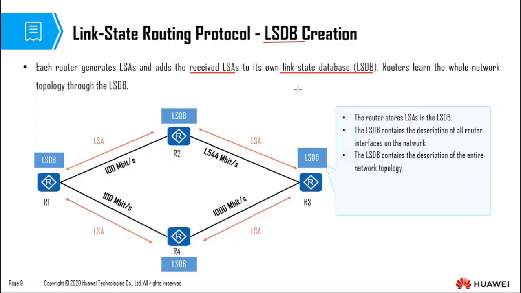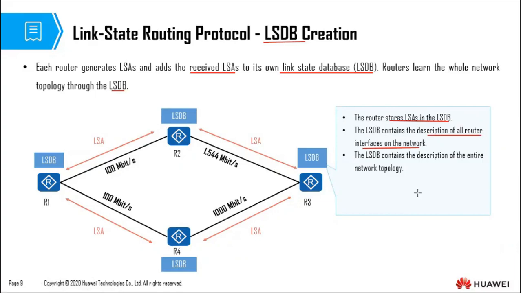So routers learn the whole network topology through the LSDB. The router stores LSAs in the LSDB. The LSDB will contain the description of all router interfaces on the network. Each LSDB will contain information about all the interfaces that have been configured to communicate on that OSPF process.